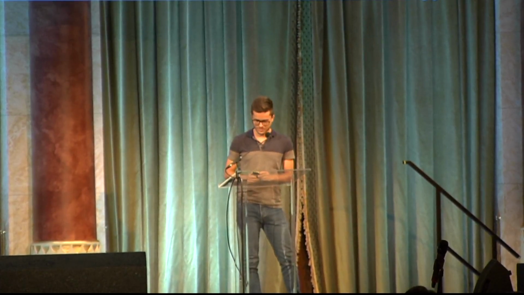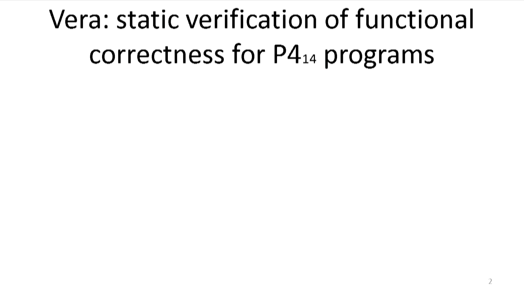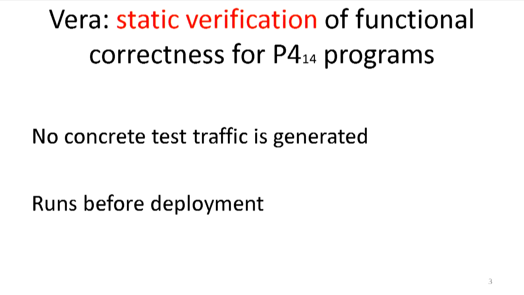Thank you. Going back to verifying P4 programs, this is debugging P4 programs with Vera. Since debugging is a very broad term, I'll begin by framing our work a bit more precisely. We do static verification of functional correctness for P4 programs. Static verification because we don't generate concrete traffic, we don't deploy real devices.